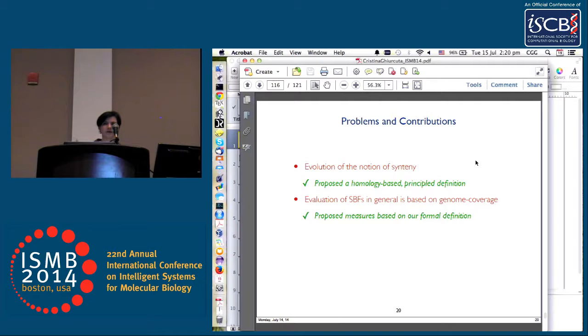Besides the generic genome coverage-based evaluation, we provide extra insight into the structure and the composition of syntenic blocks. In this manner, we address the shortcomings of the current tools, and we provide an integrated solution to develop better heuristics and tools.